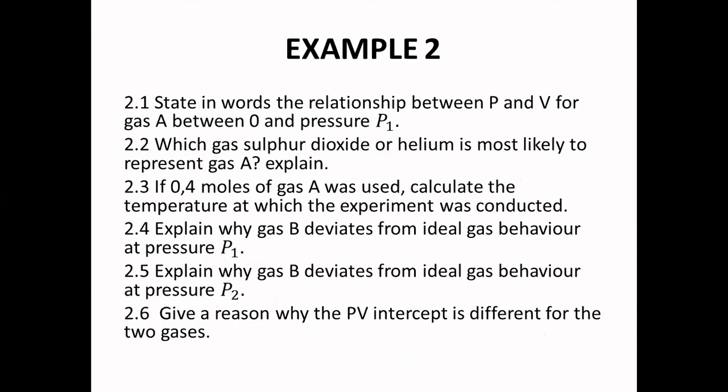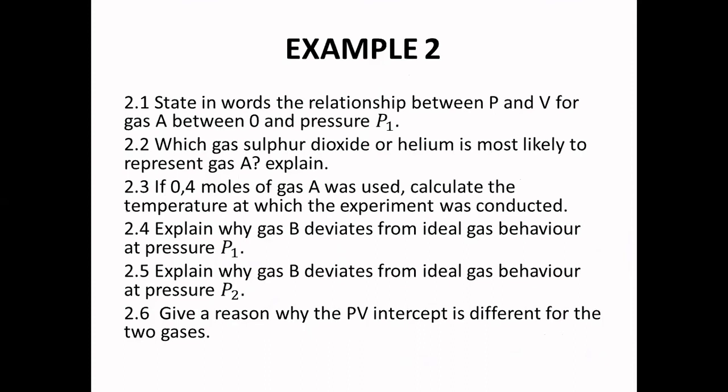Okay, that was 2.3. 2.4, explain why gas B deviates from ideal gas behavior at pressure P1. Let's go back to the diagram.